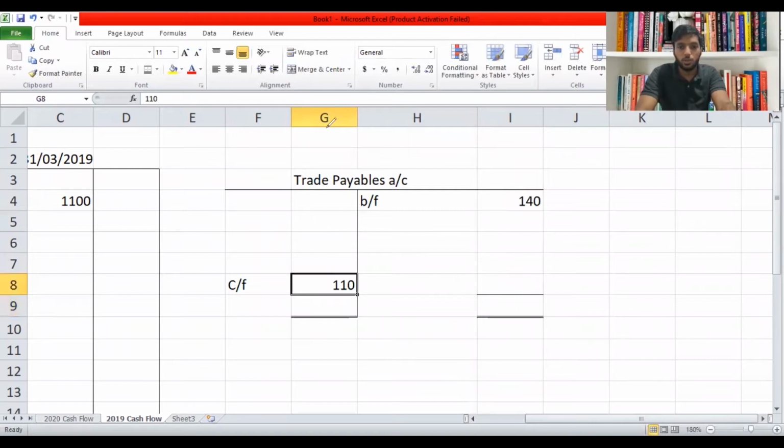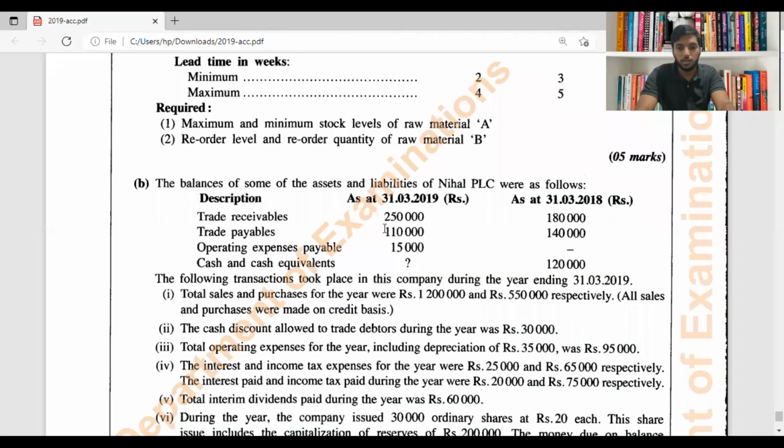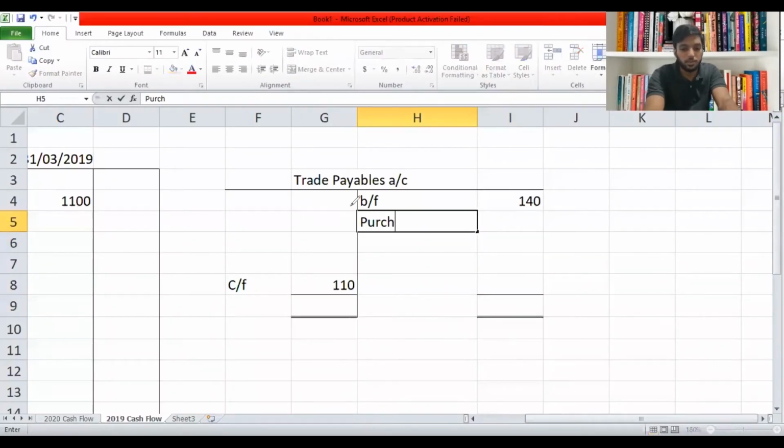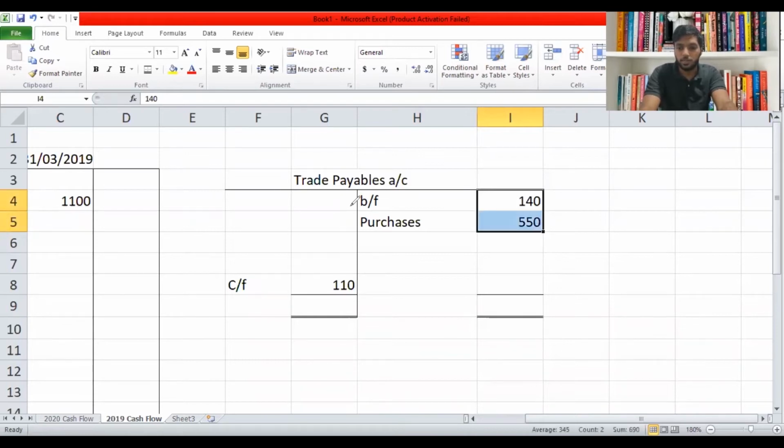I just need to know the amount of purchases we have made on the sum. We made purchases of 550,000. So I'll take these purchases, because the entry is debit purchase account, credit payables account. I'll write here purchases, 550. So 550 plus 140 gives me a value of 690,000.